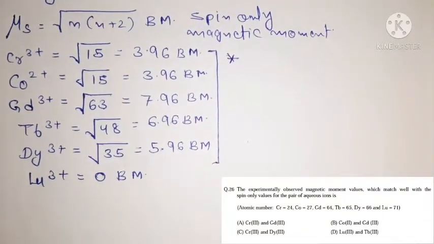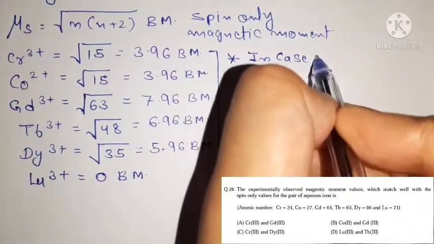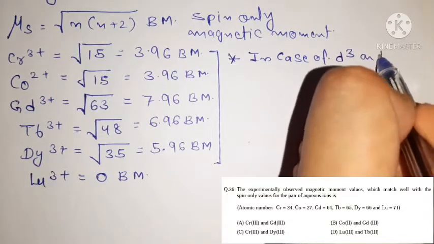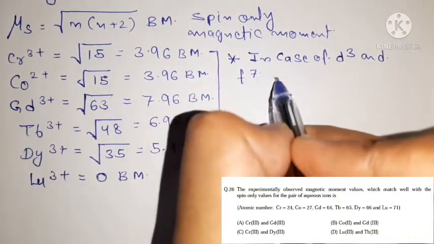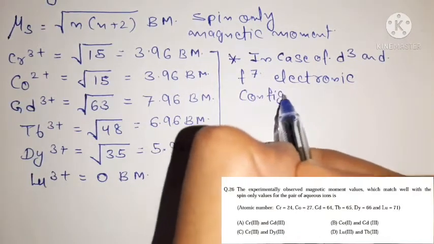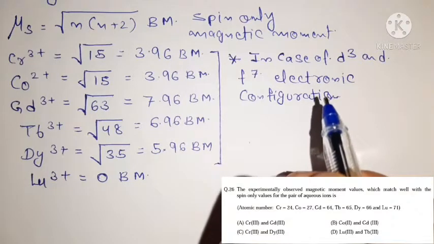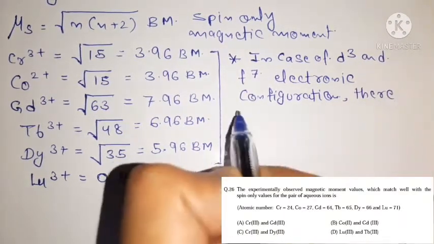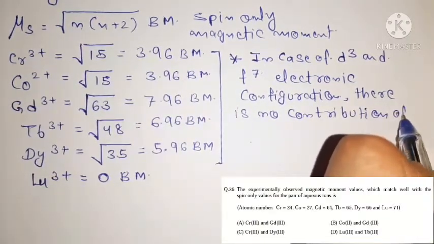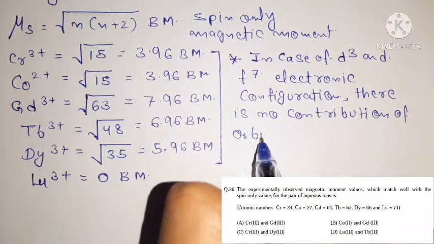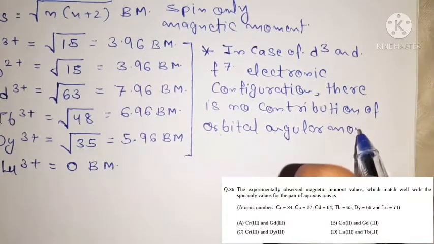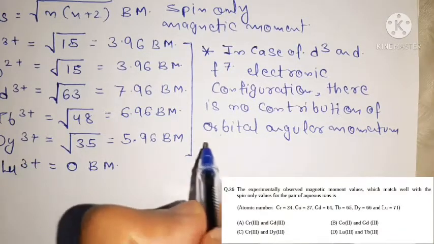So what is the concept? See, the concept says in case of d3 and f7 electronic configuration, there is no contribution of orbital angular momentum in magnetic moment.